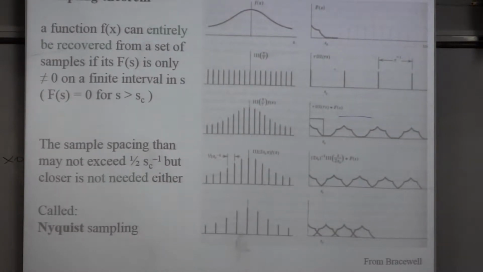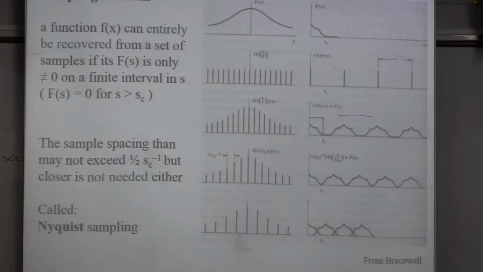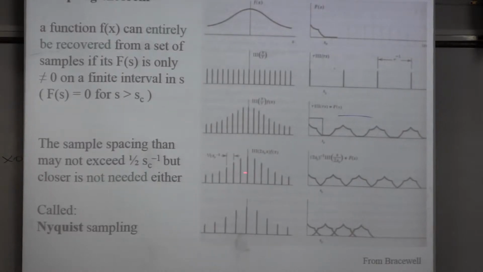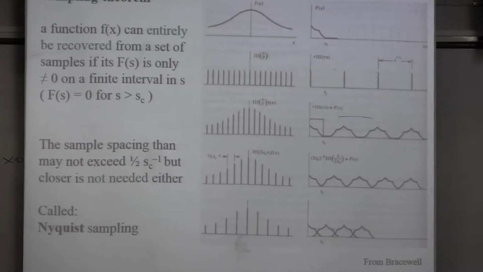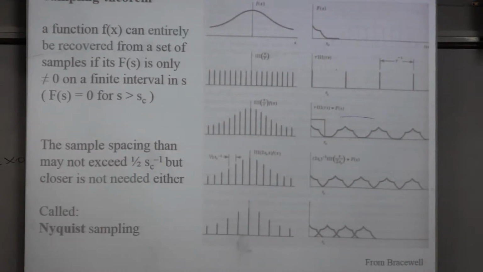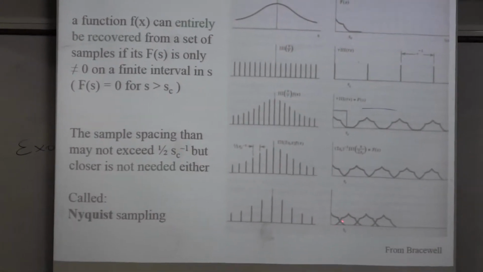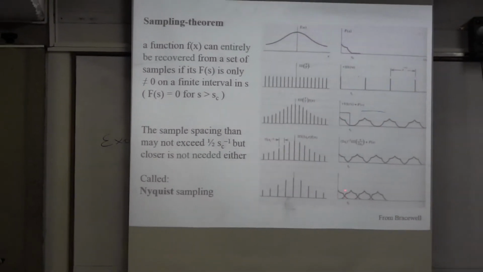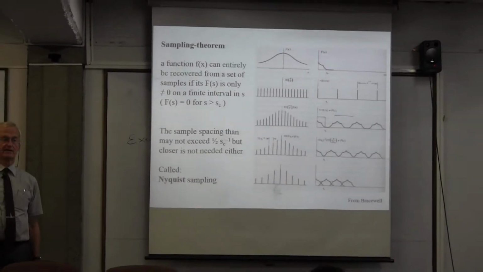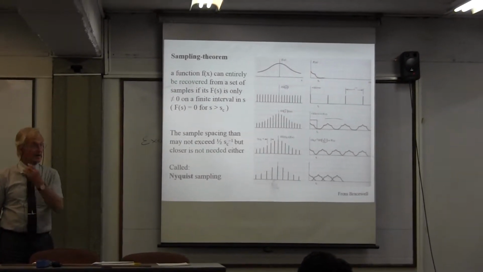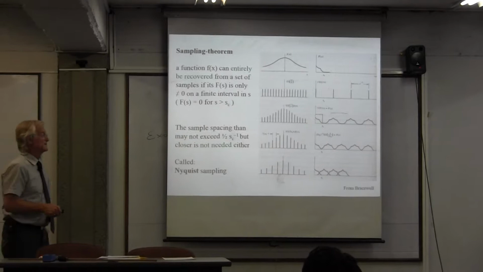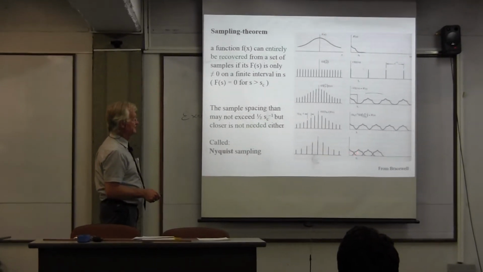And that it can be a troublemaker, you can see straight away. If I do not sample sufficiently frequently, so I bring the sampling a bit further apart, or even that far apart, then yet another copy and yet another copy starts overlapping. Then I don't know whether the output here is caused by that wing or by the other wing from the other side. And therefore I cannot get the original function back precisely.